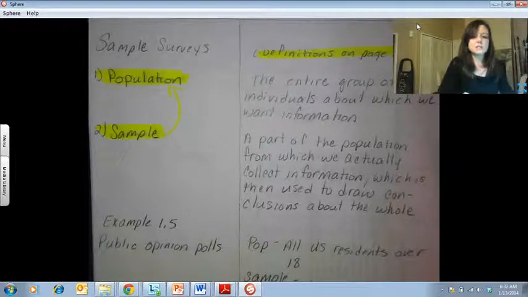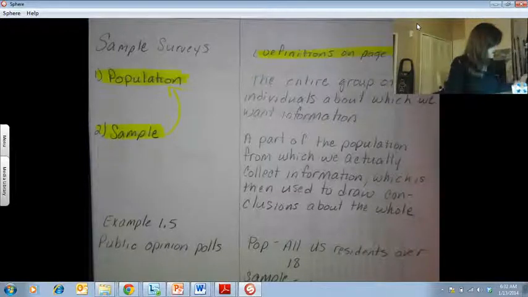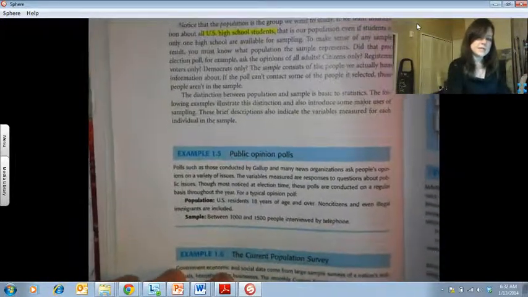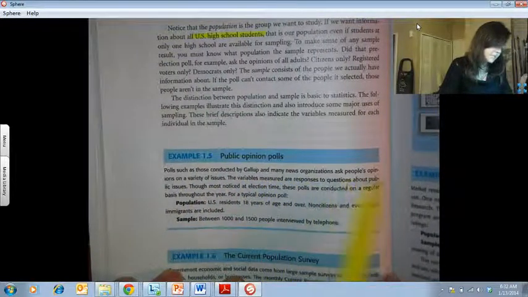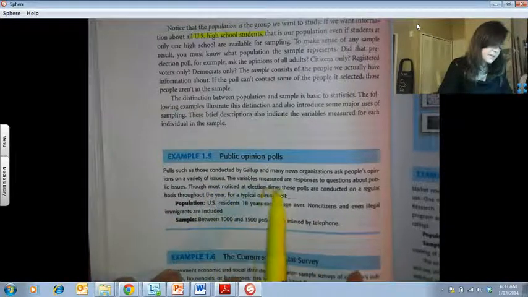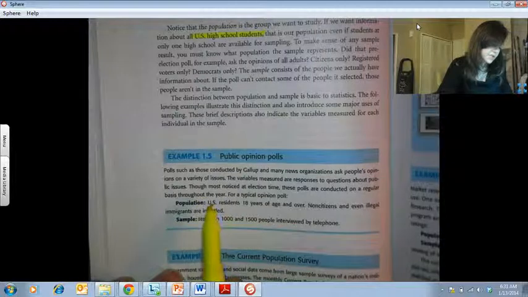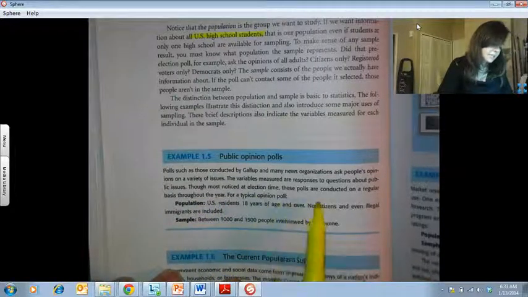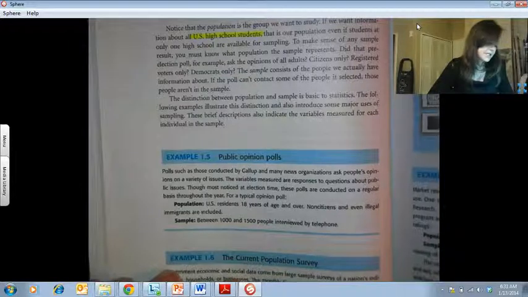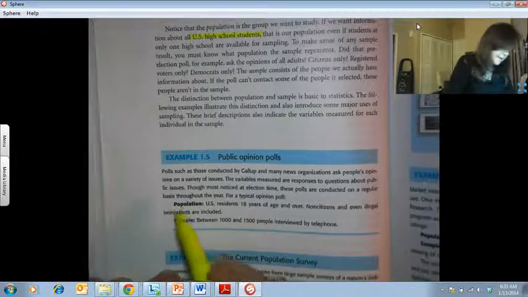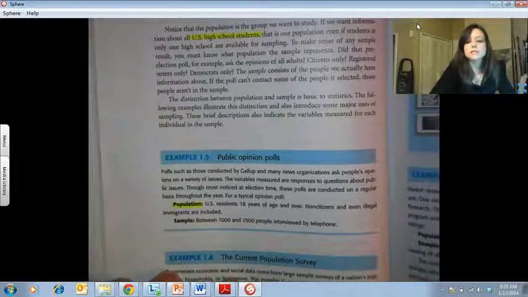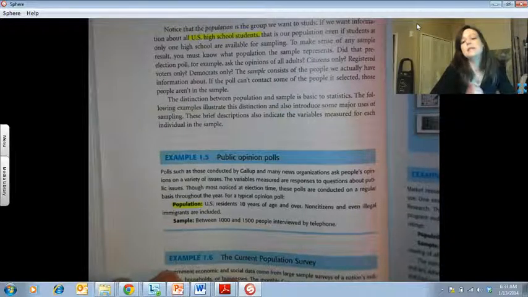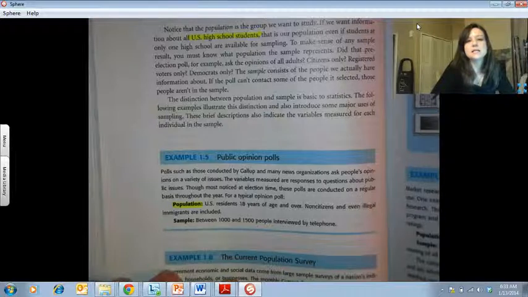Let's look at example 1.5, public opinion polls, also on page 10. It says, polls such as those conducted by Gallup and many news organizations ask people's opinion on a variety of issues. The variables measured are responses to the questions about public issues. Though most noticed at election time, these polls are conducted on a regular basis throughout the year. For a typical opinion poll, you have a population, in this case all U.S. residents 18 years of age or over, and it even makes the caveat that non-citizens and even illegal immigrants are included.